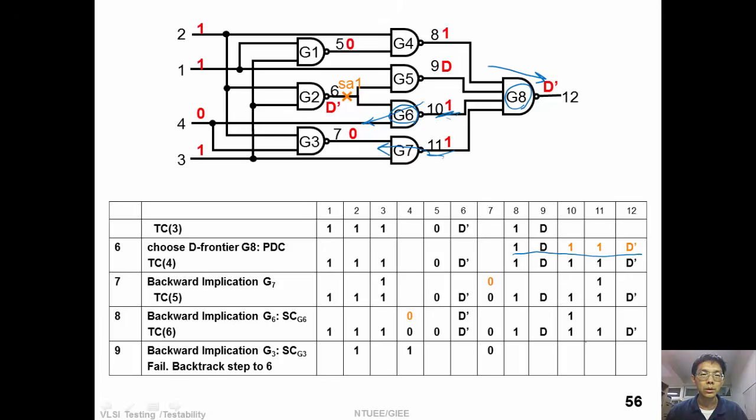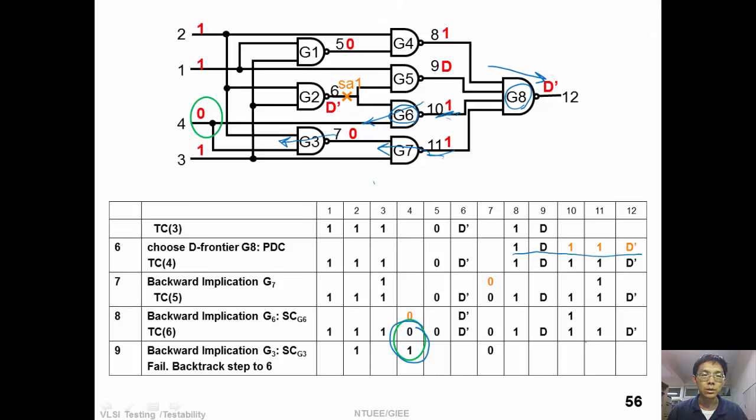However, when we perform backward implication through G3, we see a conflict has occurred. Line 4 cannot be both 1 and 0 at the same time. So we need to backtrack.